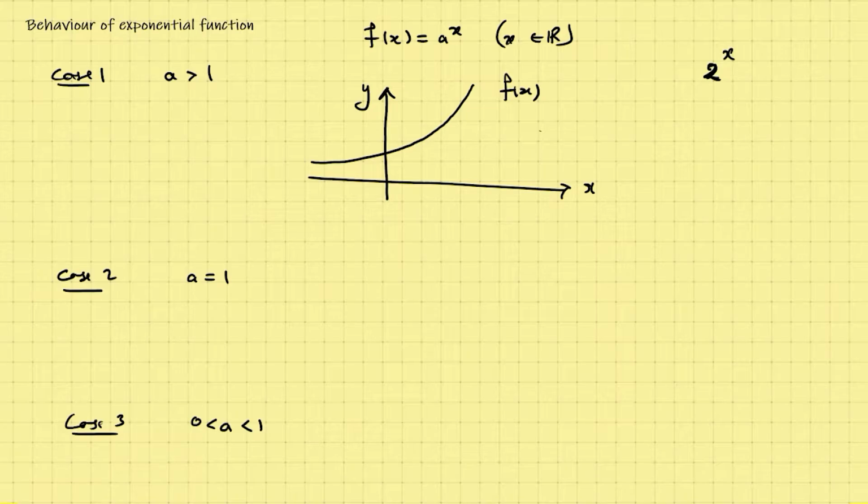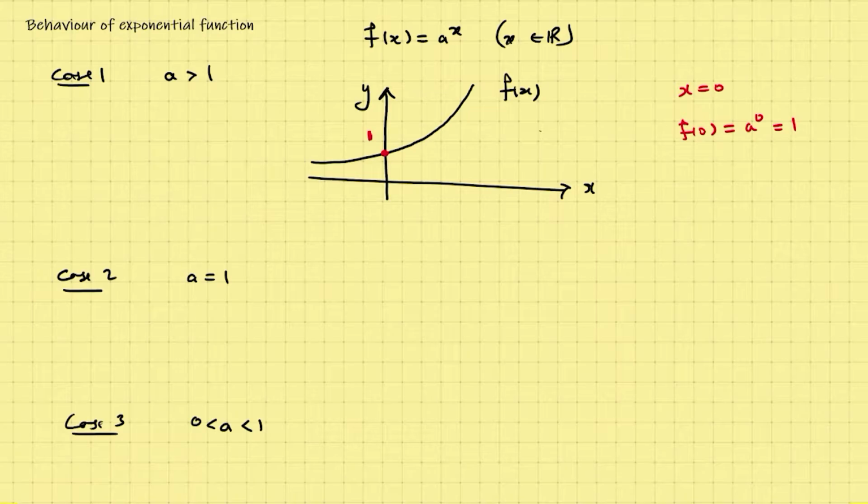So it's unsurprising that the graph is going upwards. What is interesting is the point on the y-axis is going to be y equals 1. We can check that when x is 0, f of 0 is a to the 0, which is just 1.